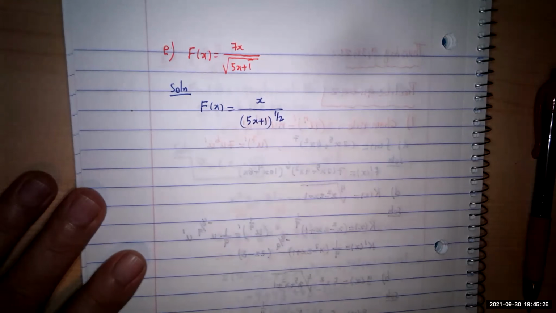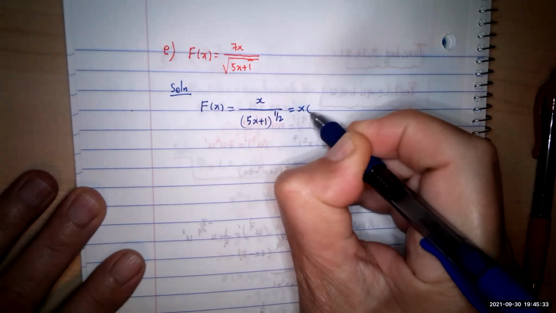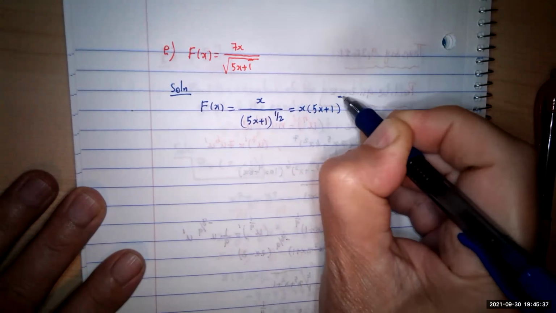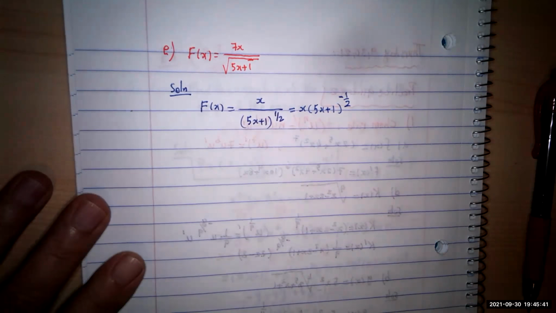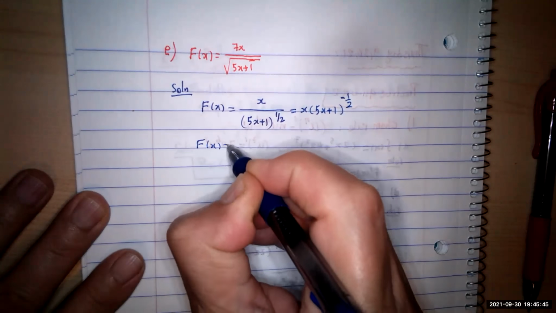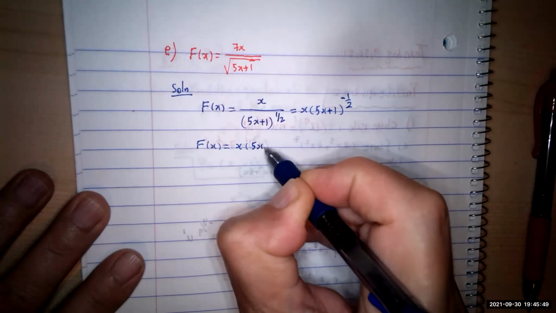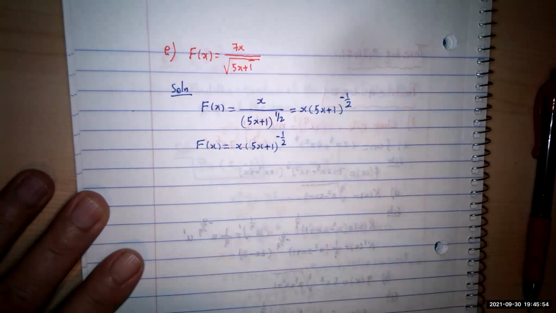Now we get a fraction that we don't like, so we move this one up. So it's equal to x times 5x plus 1 to the negative half. You see? We change it nicely to an easy function to differentiate. So this is going to be your function to differentiate: x times 5x plus 1 to the negative half. Any question?